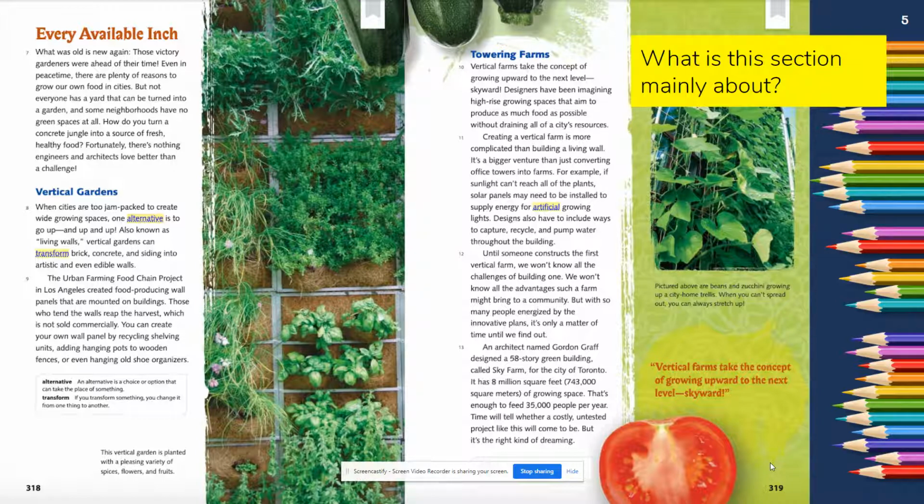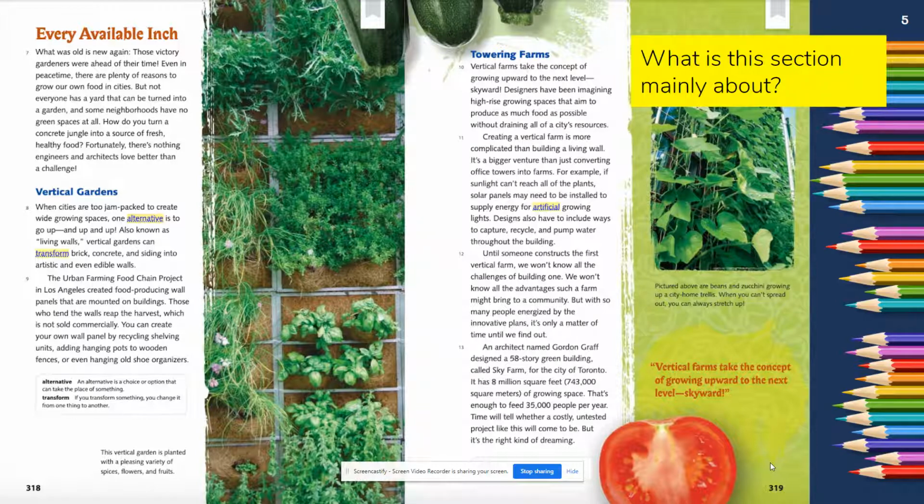The Urban Farming Food Chain Project in Los Angeles created food-producing wall panels that are mounted on buildings. Those who tend the walls reap the harvest, which is not sold commercially. You can create your own wall panel by recycling shelving units, adding hanging pots to wooden fences, or even hanging an old shoe organizer.